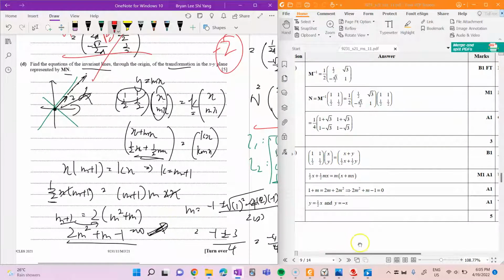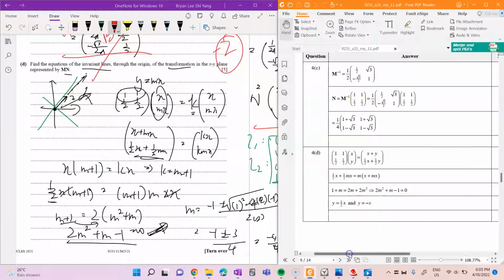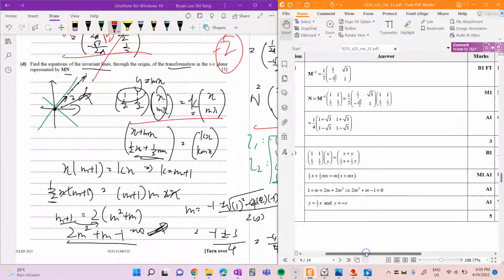And for this question, this is question 4D. As you can see here, this is what would correspond to a statement mark. This is correct, so I'll have a B1 over here, and then this one would be another M1, then A1. Yeah, 1 plus M equals to 2.